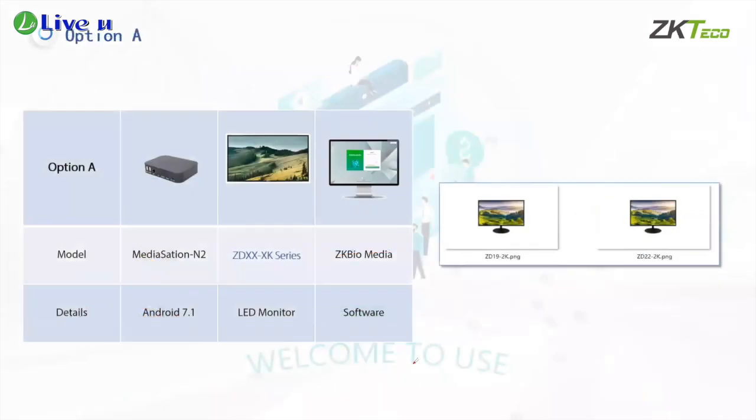Okay, here is the hardware required for the different options. Here's option A. And this is our mini box N2. To realize this option, we need the N2 box, a monitor, and the software.